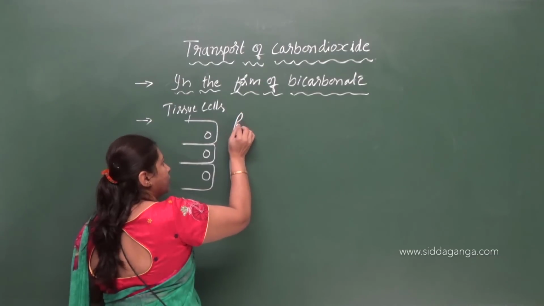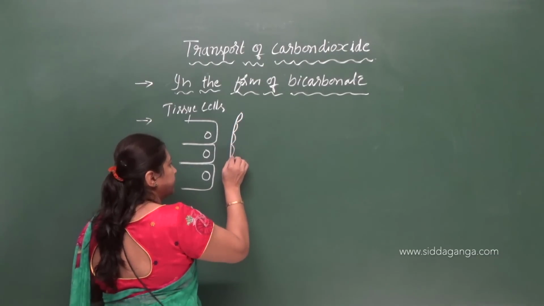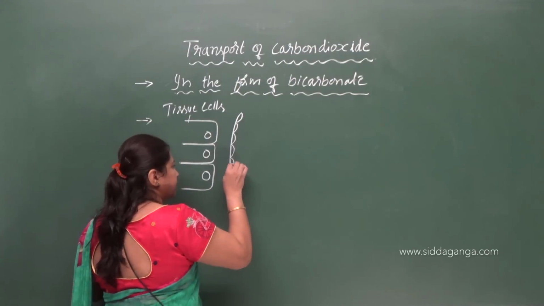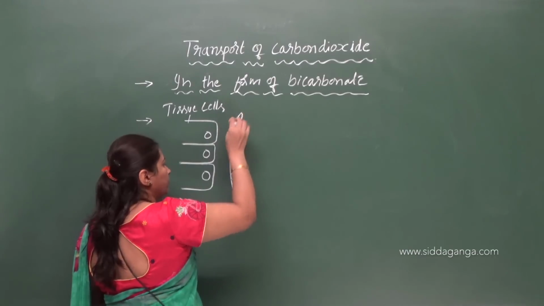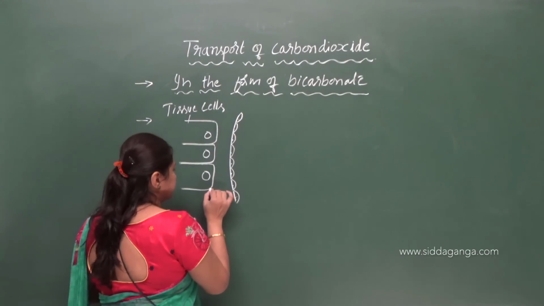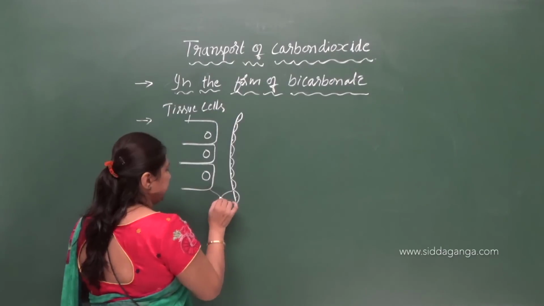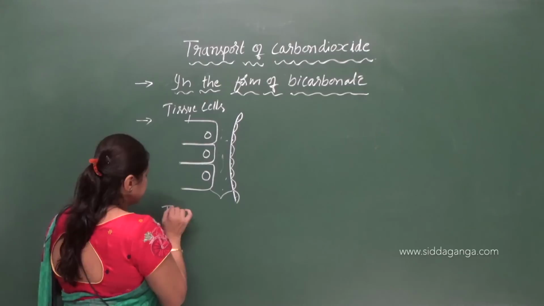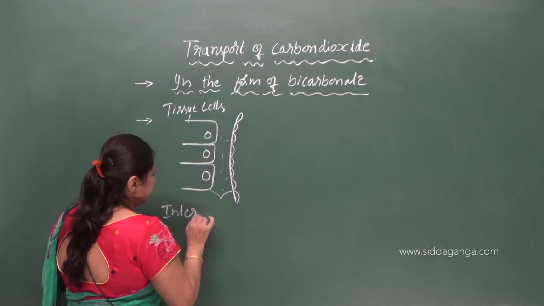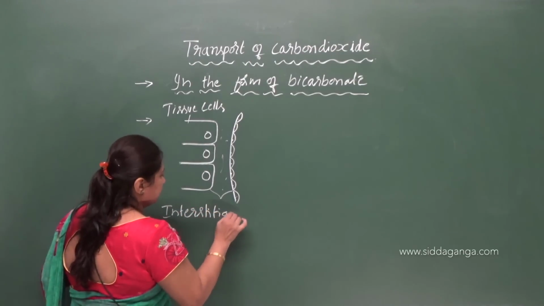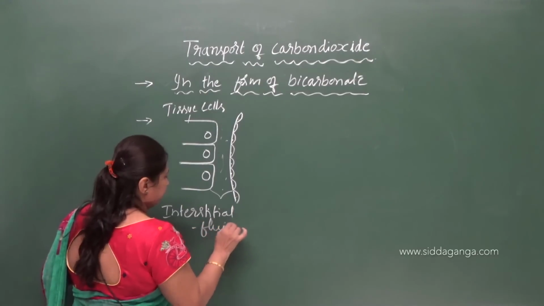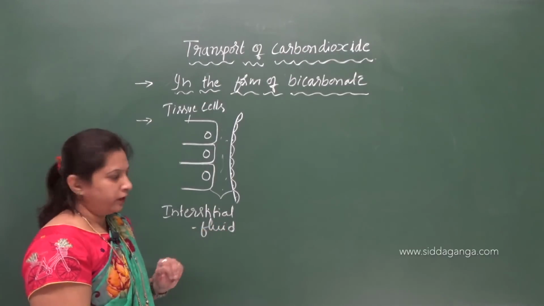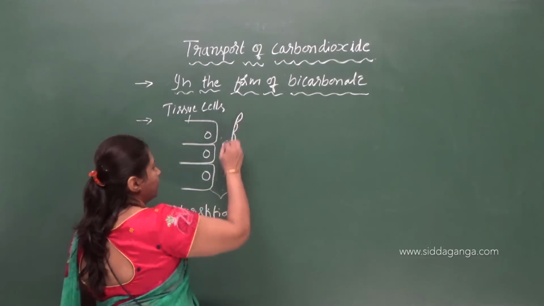This is the lining of the blood capillary, which is lined with endothelium. This space is called the interstitial space, and it is filled with interstitial fluid.